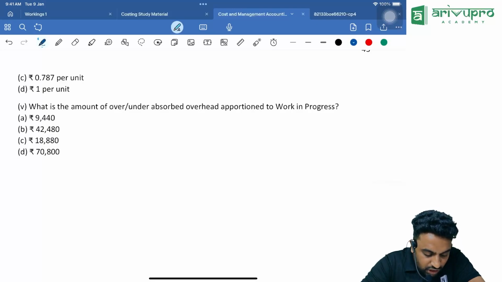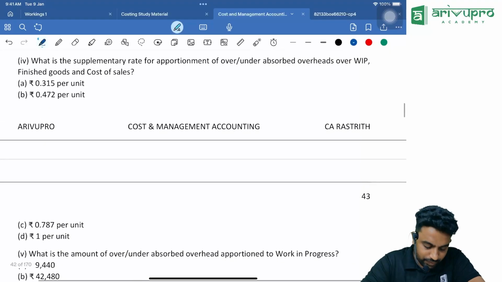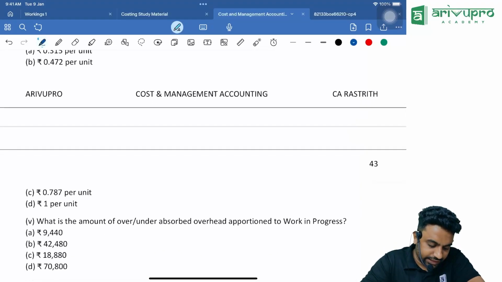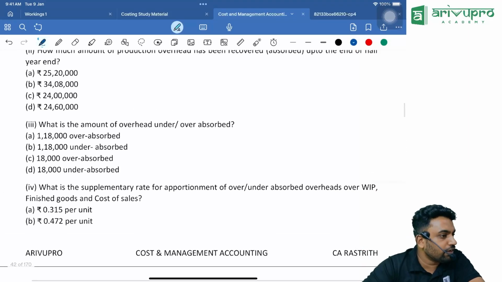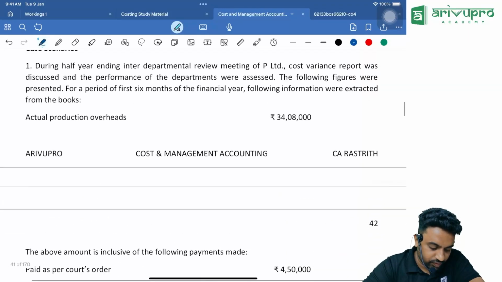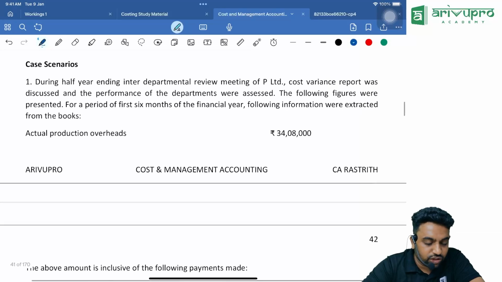What is the amount of over or under absorption apportioned to WIP? Basically, it is part of your fourth question only, but you have to multiply with the equivalent WIP units. Correct? Shall we start with the question?